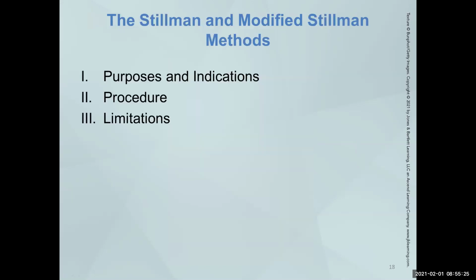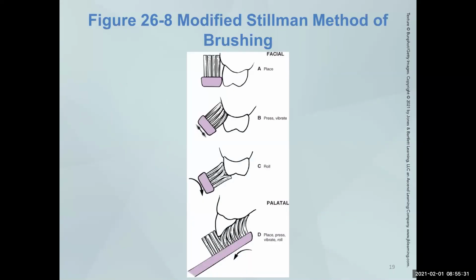Then you've got your Stillmans and your modified Stillmans. So with the Stillmans, look at how they're starting to place the bristles here. It's completely against the gingiva. Then they roll it into position similar to what the Bass would be.